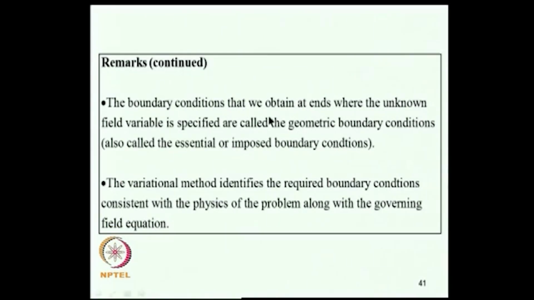The boundary conditions that we obtain at ends where the unknown field variable is specified are called geometric boundary conditions, also called essential or imposed boundary conditions. So, the variational method identifies the required boundary conditions consistent with the physics of the problem along with the governing field equation. That is one of the major takeaways from applying Hamilton's principle to this class of problems.